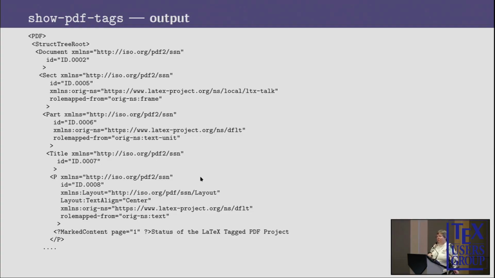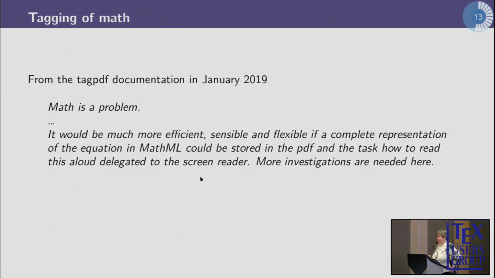They will put question marks or say here's an image. But it shows you the structure. It shows you that I have a section, a part, a title, and so on. The structure of the tagging, including math and everything. Quite useful if you really start to create tagged PDF.